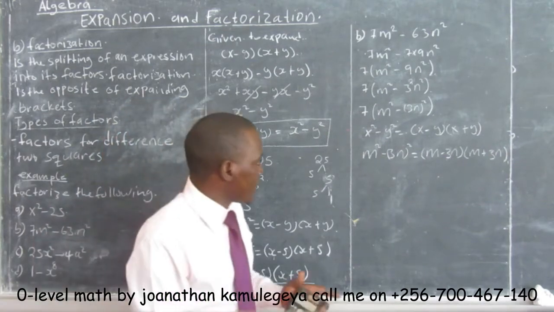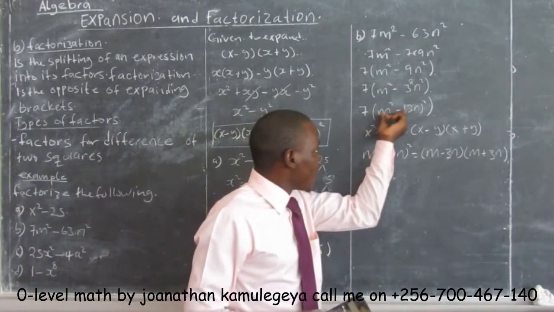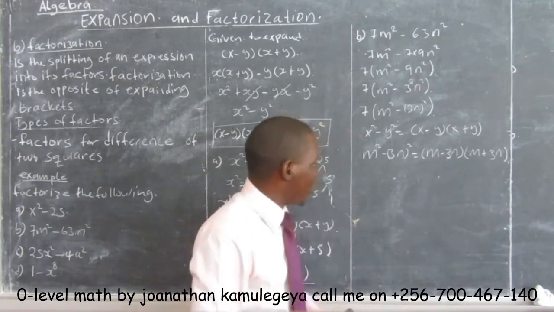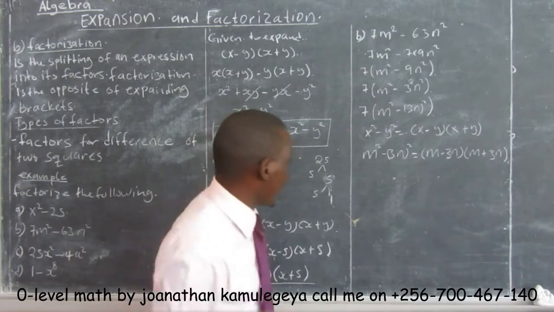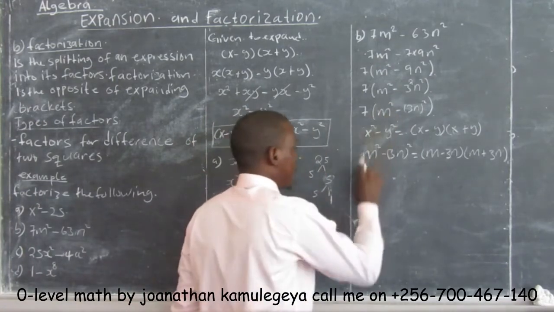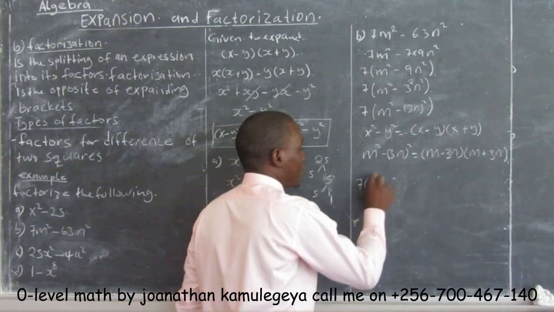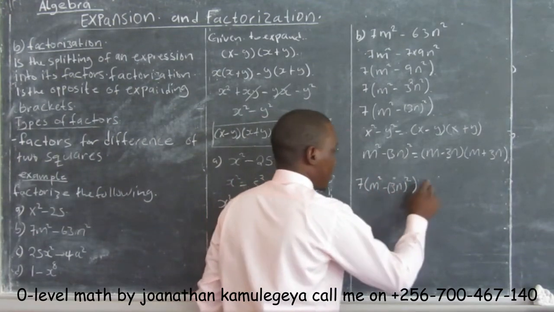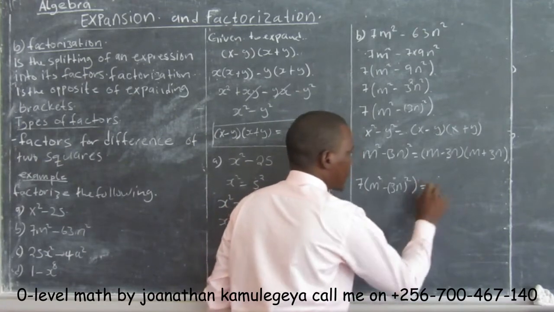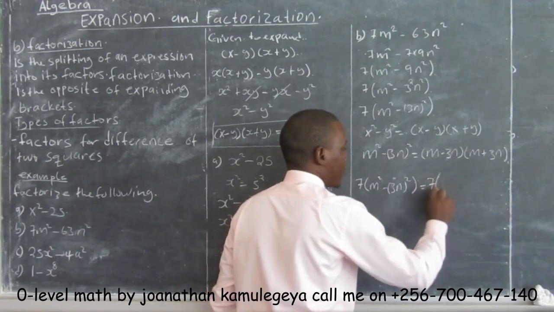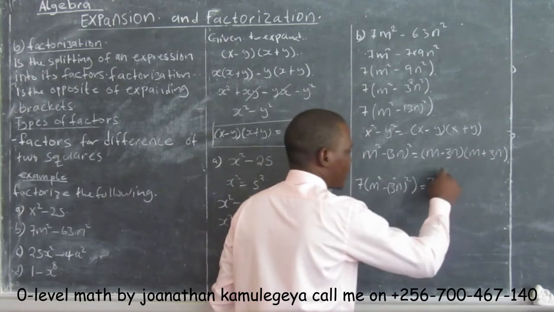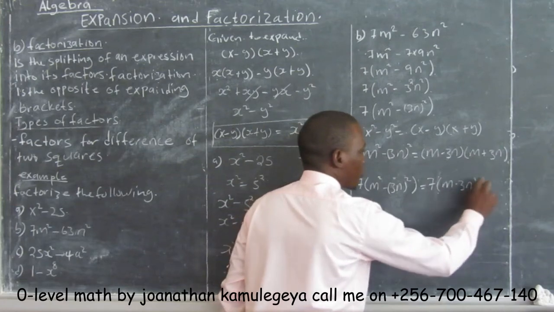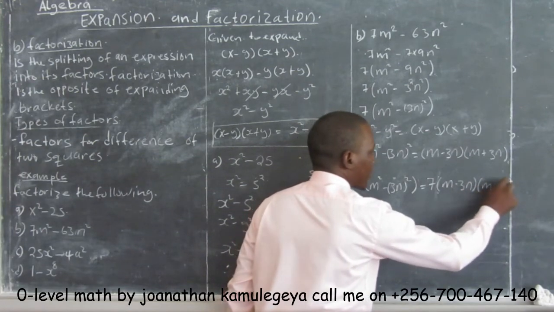I think that, my dear students, this one here in bracket is the same as this one here. I've done what we call comparison. If I've compared, in that case, 7 into m squared minus (3n) squared will be the same as saying 7 into bracket m minus 3n into m plus 3n.